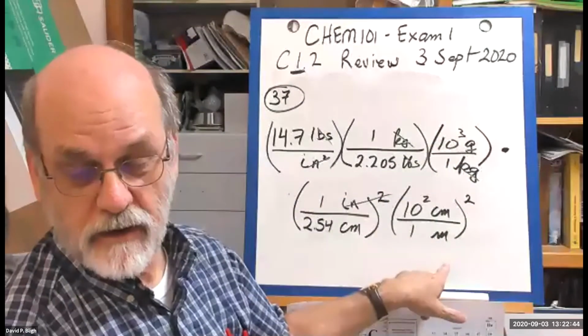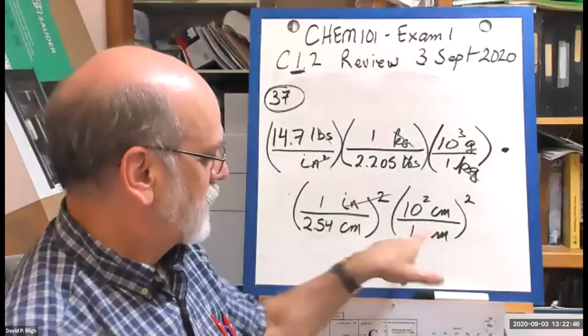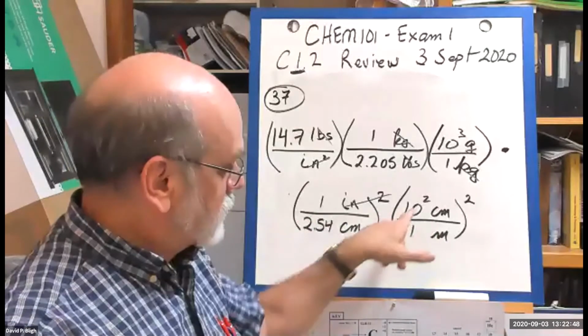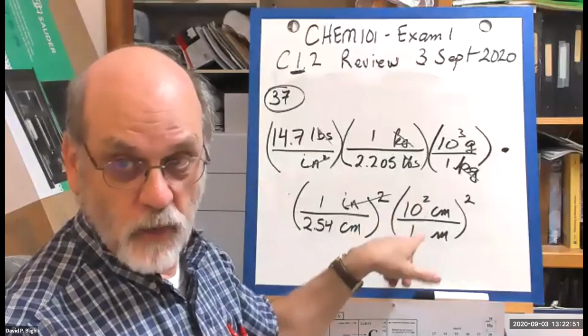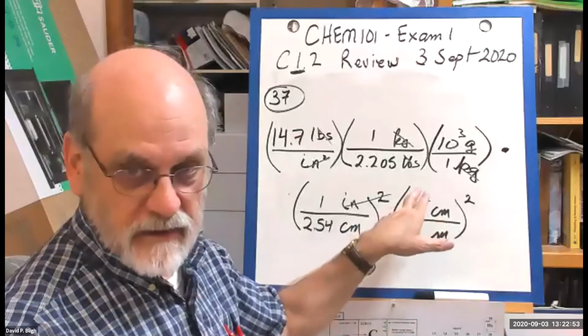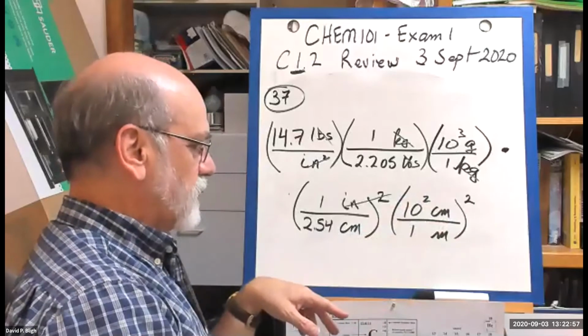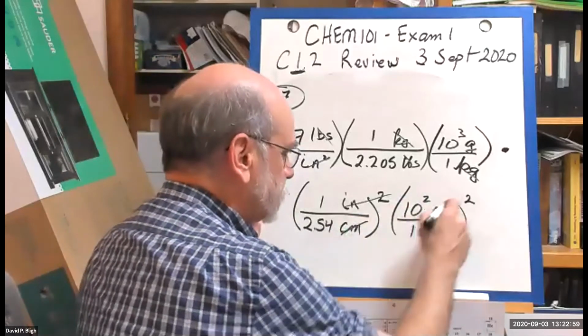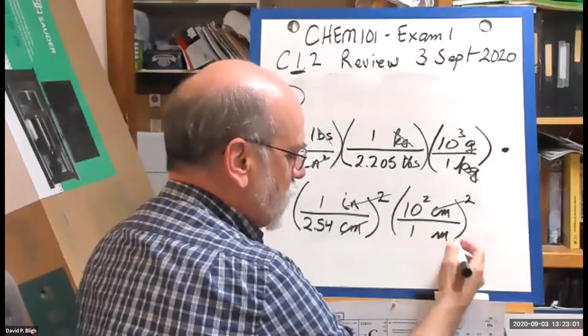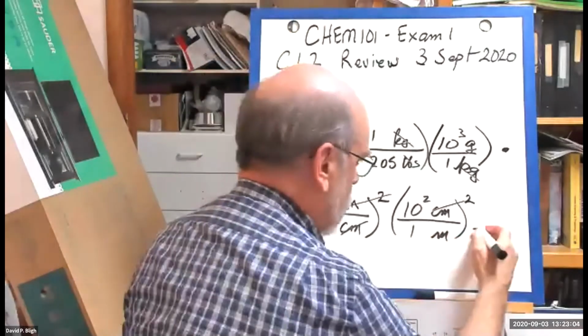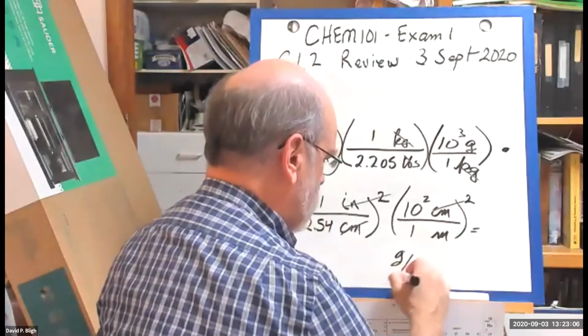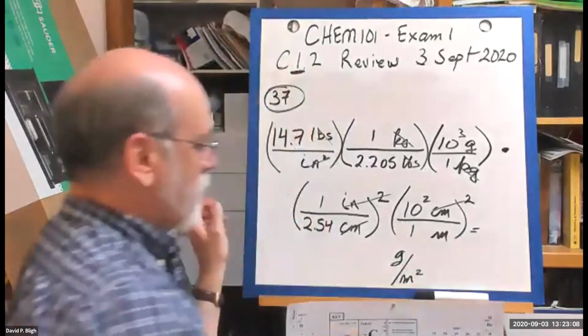Grams per square meter. But I'll say it again, don't forget to square the numbers as well as the units. So that should get us down to square meters, and we should have grams per square meter.